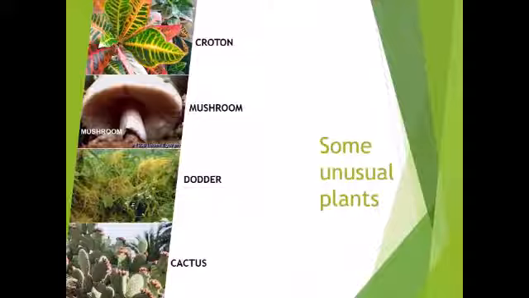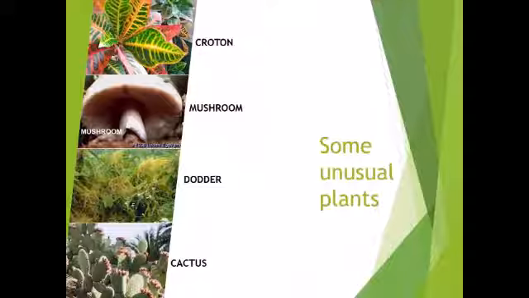And next is the cactus plant. You all must have seen cactus plants. These are also different types of plants. They do not have green leaves. Instead of leaves, they have spines on them. In this plant, the food is prepared by the green fleshy stem.